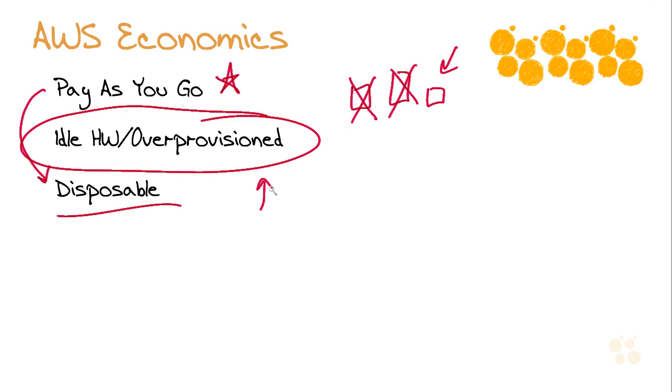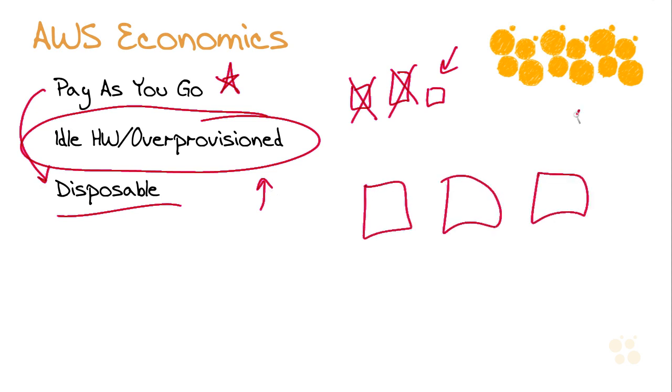We can go in and we can over-provision things. And this is to make sure we can meet the demand. So we have these big servers, and unfortunately, they're probably running at very little capacity. We have a lot of idle hardware as a result of this over-provisioning.